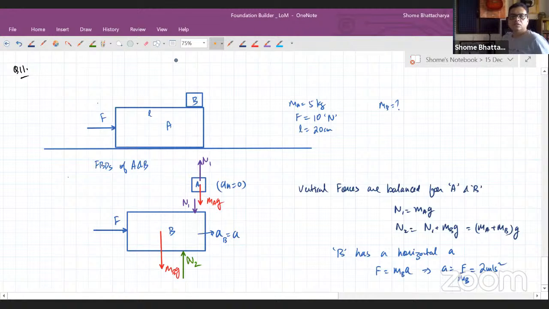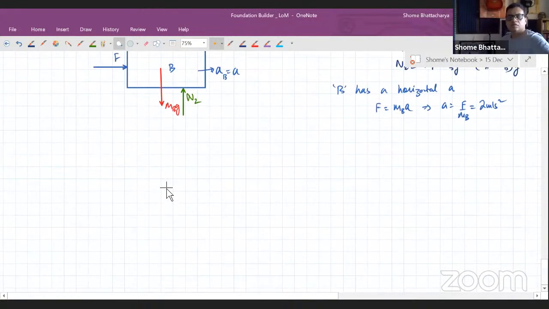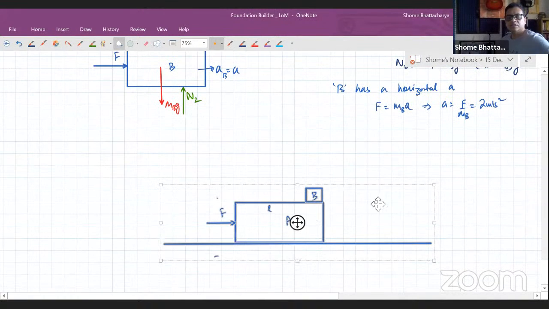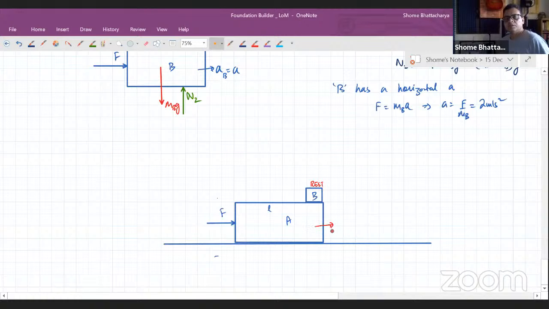So now back to the original diagram. Now you can understand that the upper block is remaining stationary till it slips off. So this block is remaining at rest, whereas the lower block is slipping with an acceleration of 2 meters per second square.